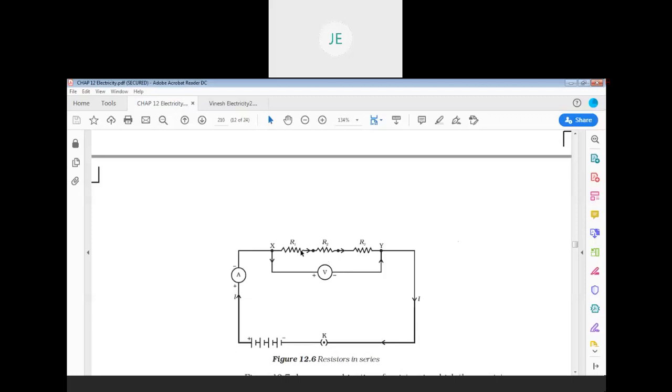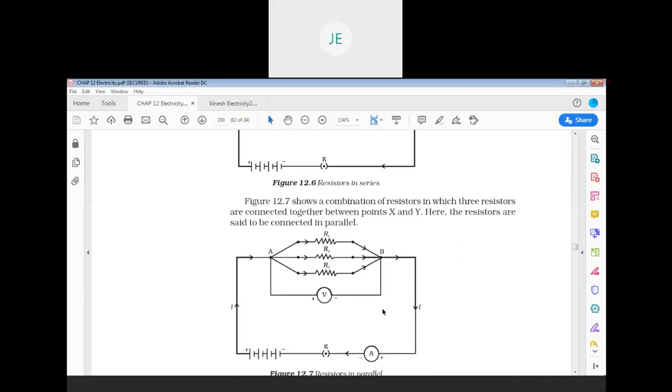A voltage drop occurs at R1, some at R2, some at R3. And in the case of parallel connection, current is divided and voltage is constant for R1, R2, R3. So based on the voltage and current, you can understand whether the resistors are in series or parallel.